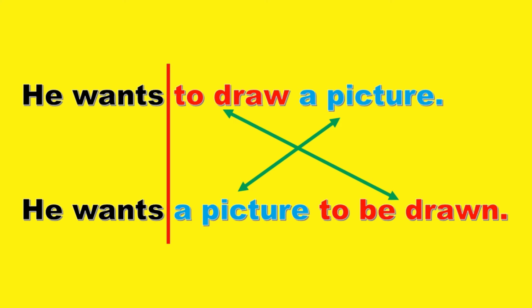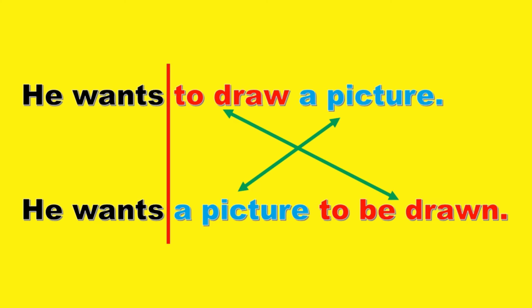Now how to transform such a sentence from active voice to passive voice? Let us see. The portion up to the finite verb has to be copied without making any change, which we have done. In the active voice it is he wants, and we have used this particular part in the beginning of the passive voice also.